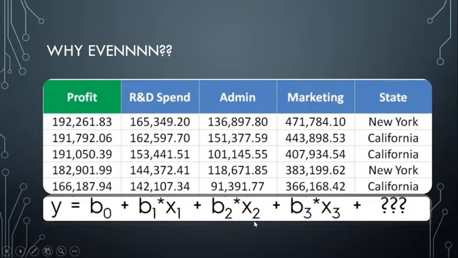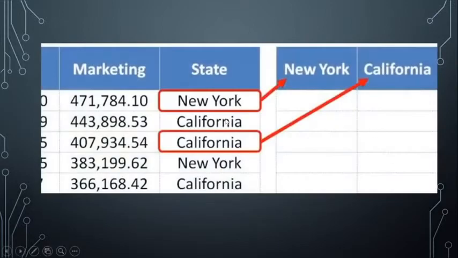So what you're actually going to do is take this column right here and convert the separate variables of it into two different columns, like here. All right, so these two columns are New York and California.